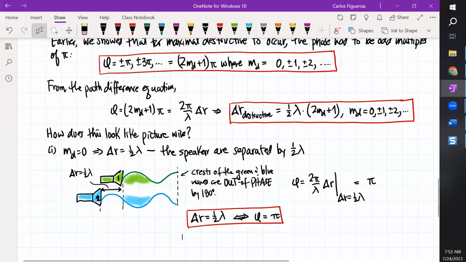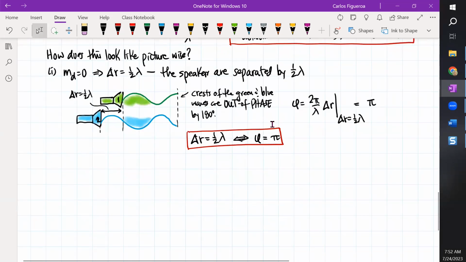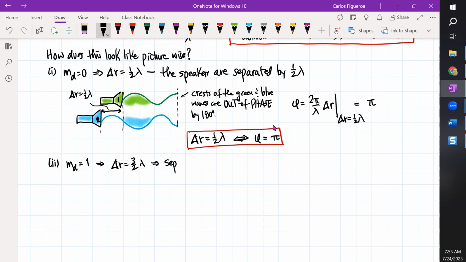If I look at the next one, if md equals 1, then according to what we've written before, this has to be 3/2 lambda. So this says that the speakers are separated by 3/2 lambda.